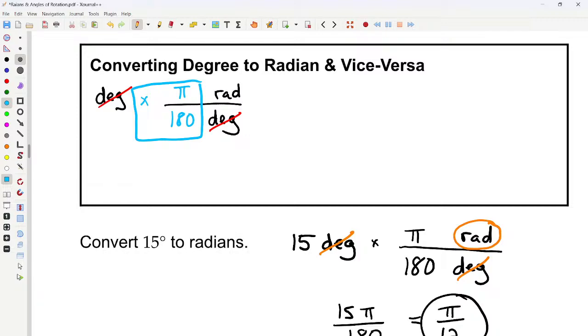It doesn't matter if it's 15 degrees or 37 degrees or 90 degrees. It's like 60 degrees outside. You're always going to have a 180 down there because you want to cancel the degrees. You're always going to have a pi on top. Degree to radian.